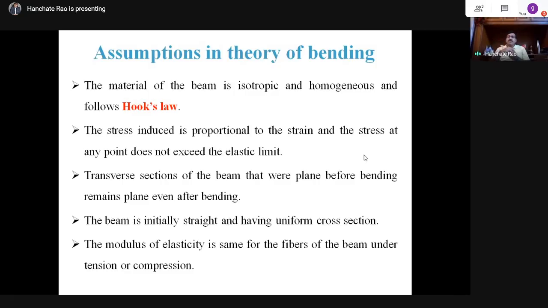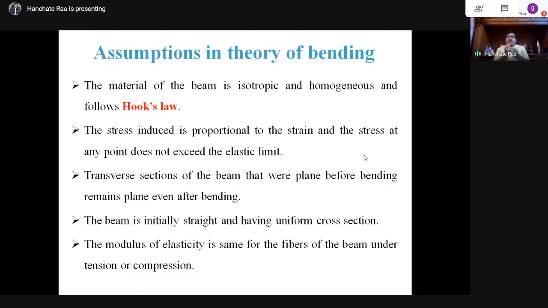That means certain fibers elongate and certain fibers compress. That is what happens when you bend any beam. You can take any scale and try to bend it. You can see certain fibers elongate and certain fibers get compressed.